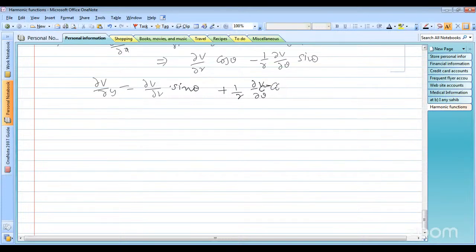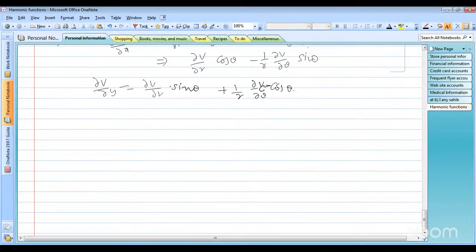And this one, 1 by r, that's why it goes to minus dou v by dou theta sin theta. Cos theta will get the minus, it goes to the plus. Again here minus 1 by r dou u by dou theta into cos theta, so that value we bring to the left side, that is the plus we have to write in here.